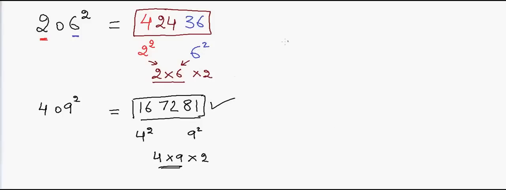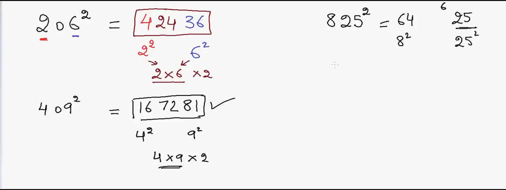Now if we have something bigger, I will give you an example of a carryover. Suppose I have 825 and I want to do a square of this number. This will be a little different, but the approach is the same. 8 square is 64, and then 25 square is 625, right? So we'll write 25, and then we have to carry a 6, because we can only use two digits at the end.